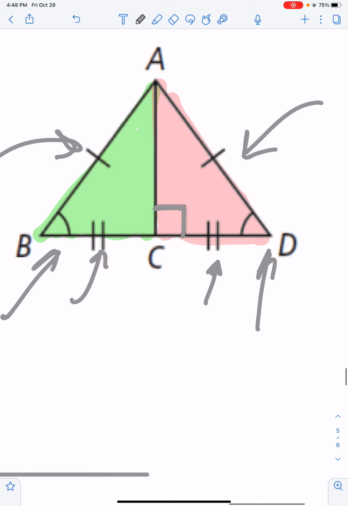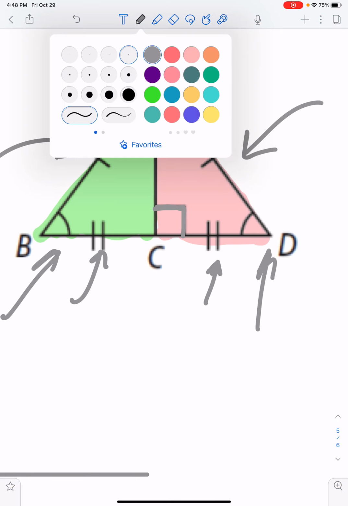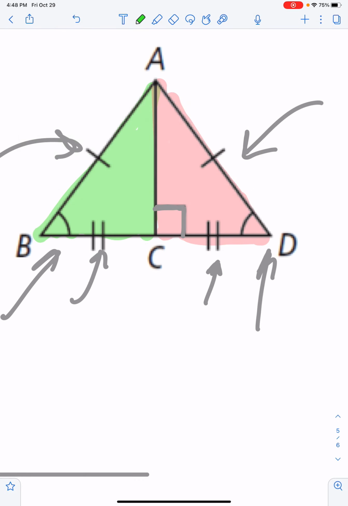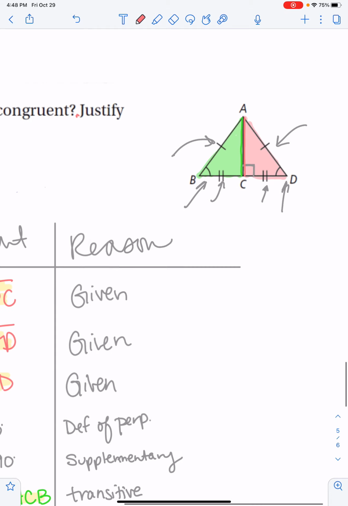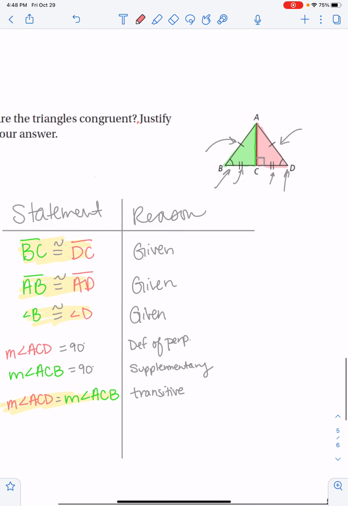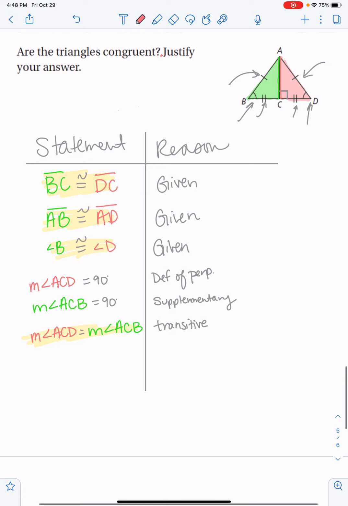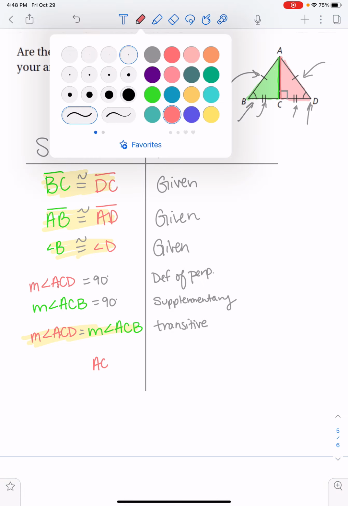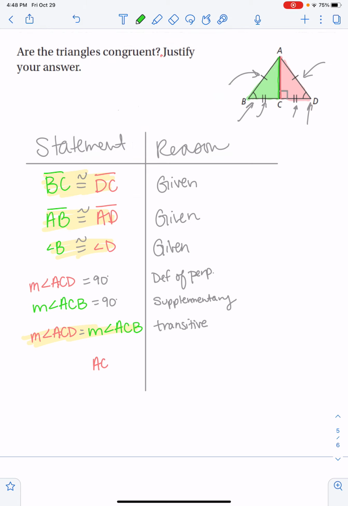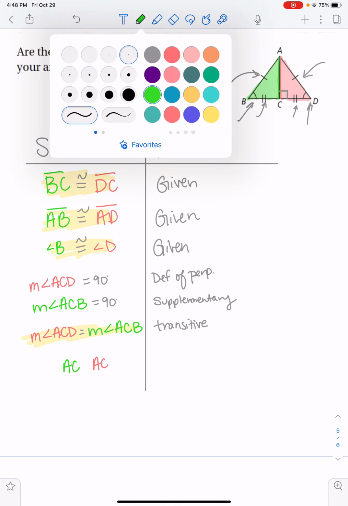So this one is where reflexive property comes in, which we haven't done in a while. But it just says that I have AC for the green triangle and AC for the red triangle. And that's the same line. It's reflexive, it's reflective, it's the same exact thing, almost like a mirror. So it's just saying the AC that's red and the AC that's green, those are both the same.